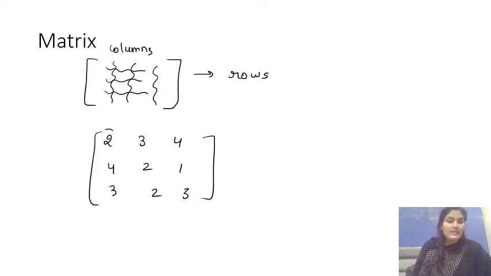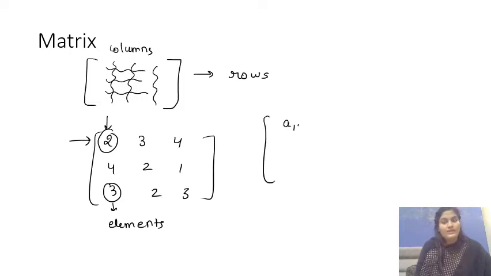Here you will see that all these numbers are elements. And if you have to tell the position of these elements, just see this 2 is in the first row and first column, so we can write it as A11. So A11 means first row, first column is 2, and then here it is A12, A13.